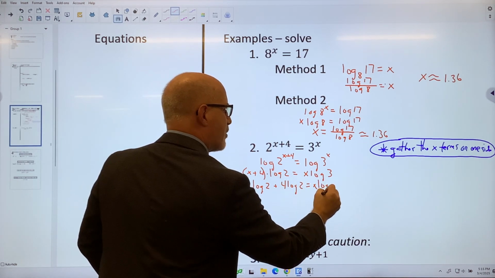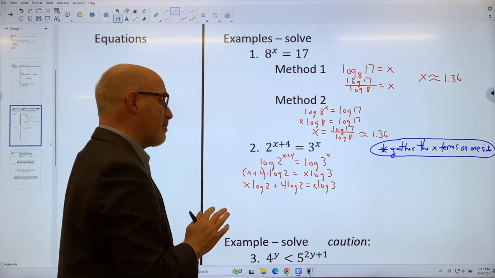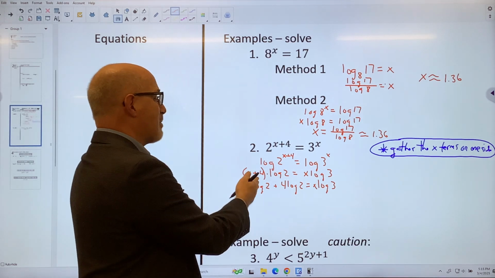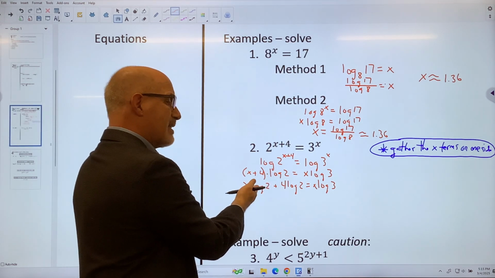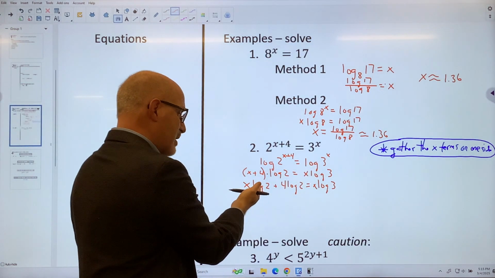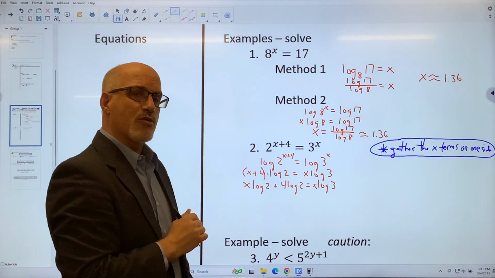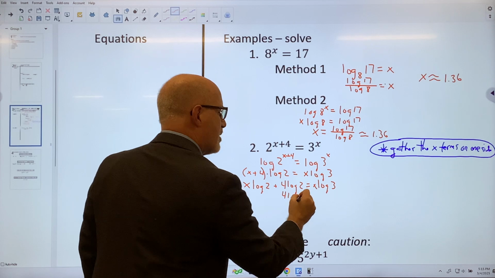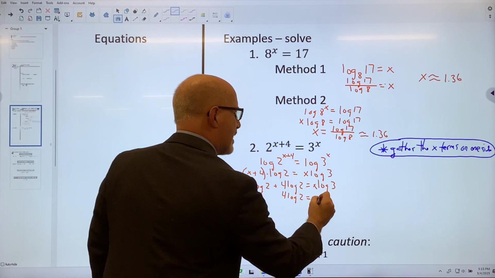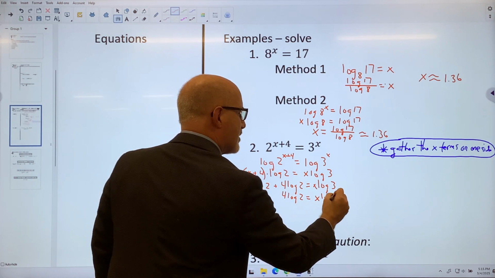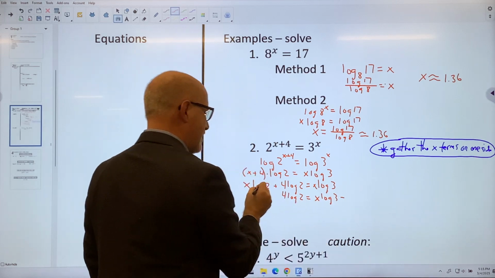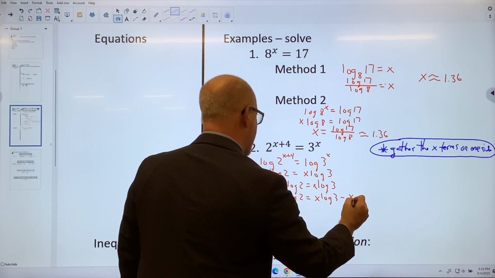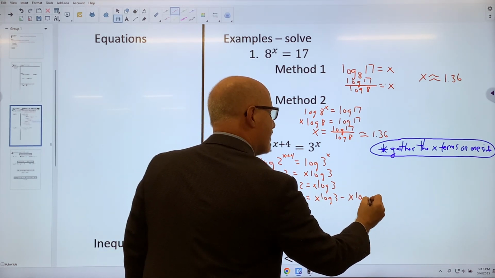Now what I'm going to do is gather the x terms, the ones that have x's in them, together. So I'm going to move this one over to the other side by subtracting it from both sides. So 4 log of 2 is equal to x times log of 3, minus x times log of 2.